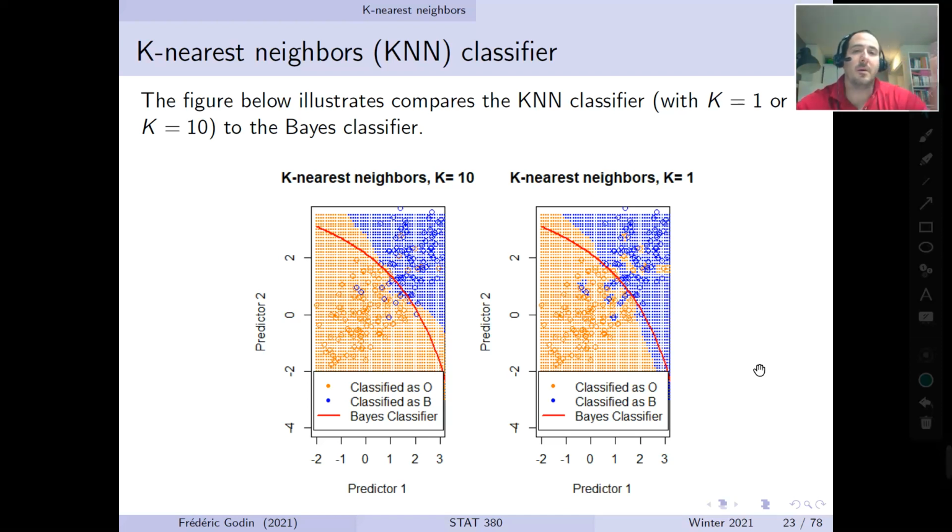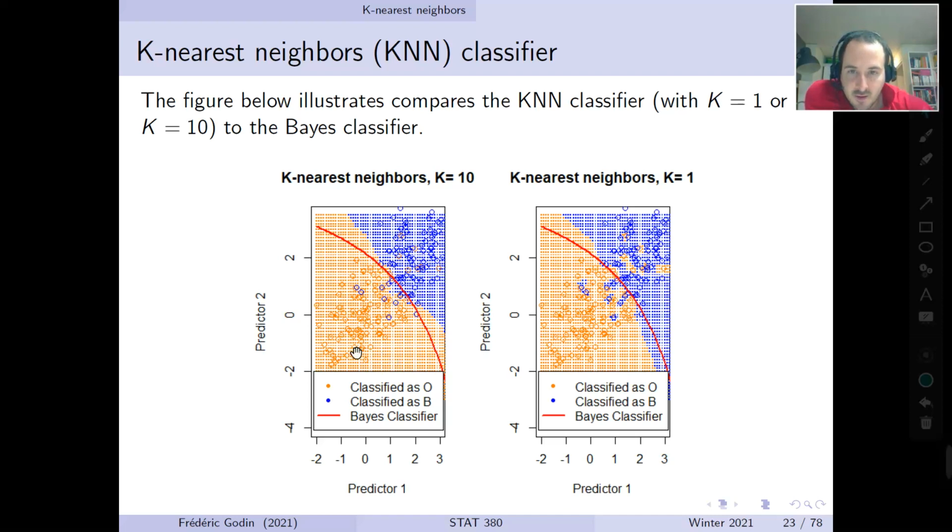The KNN classifier was applied, and 2 distinct values of capital K were considered: a 1 nearest neighbor method and a 10 nearest neighbors method. We will compare the classification outcomes to the Bayes classifier. Here on the left side is the 10 nearest neighbors method, and on the right side is the 1 nearest neighbor method.